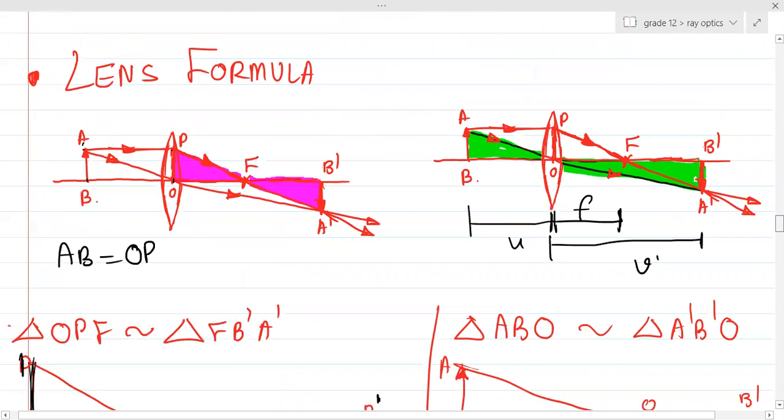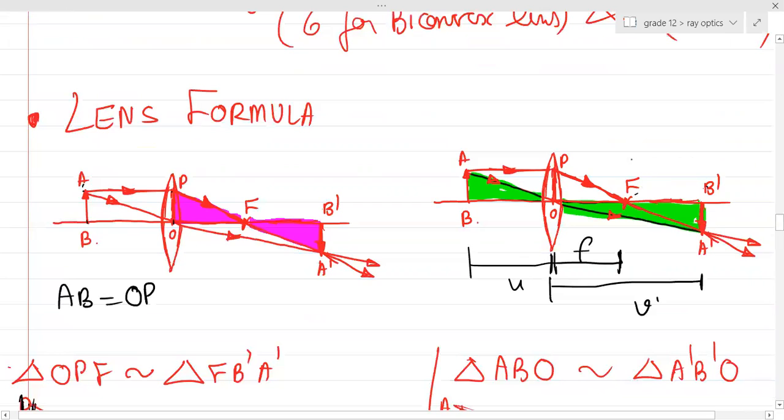Now B dash F, this length. Can you see this length, guys? What is this length? Can I write B dash F as B dash O minus OF? Can I write it like this?